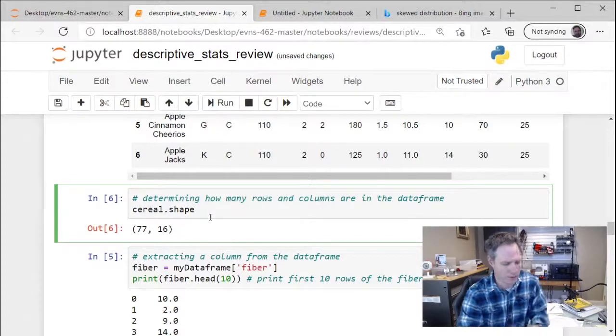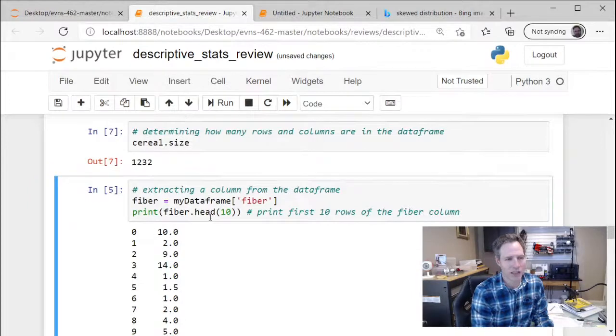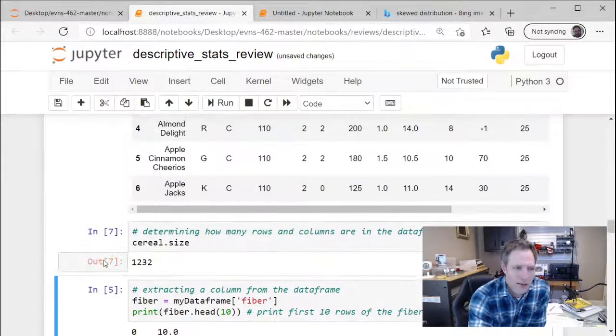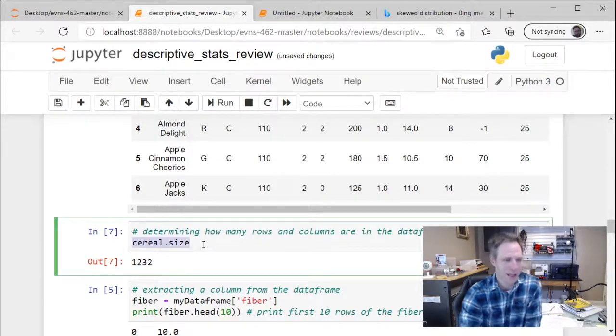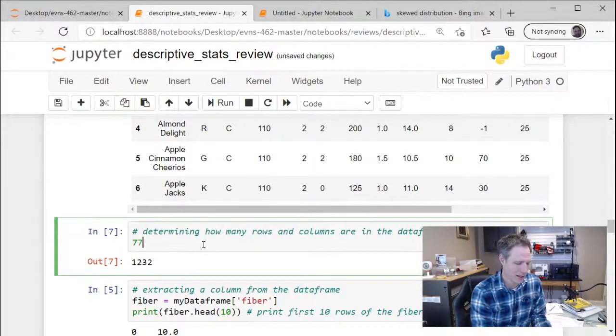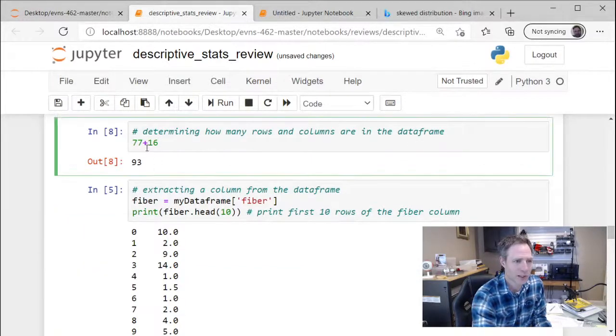You might say, well, what about size? Doesn't size just give me something? Well, it gives me a number, 1232. What the heck is that? Well, it's 77 times 16. Oops, not plus.